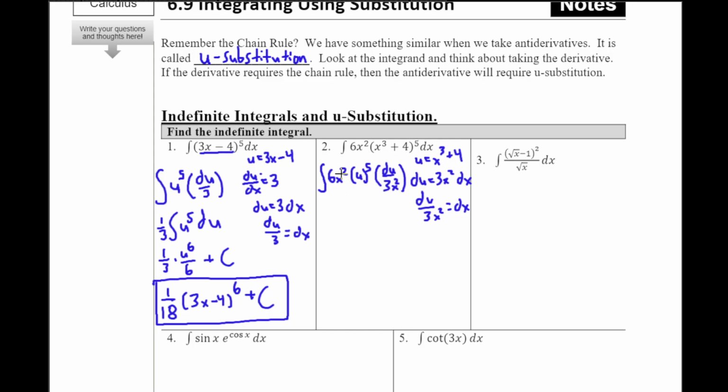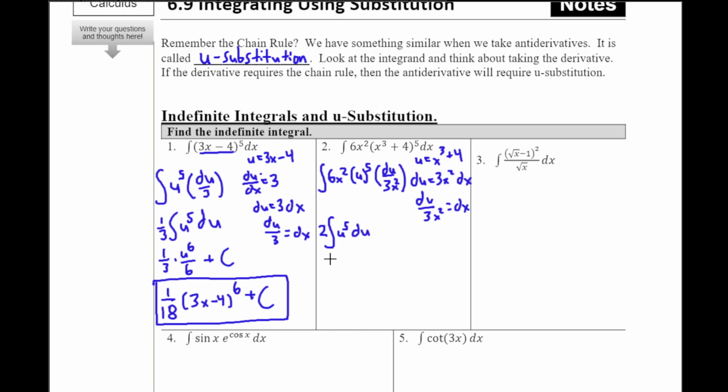If you see here, the x squared on the top and the x squared on the bottom cancel out. That's a cool thing with u-sub here. Helps us a lot with solving integrals like this. So if you rewrite it, well, 6 divided by 3, I'm going to put a 2 on the outside. The x squared and the x squared cancel out. And you're left with u to the fifth power du.